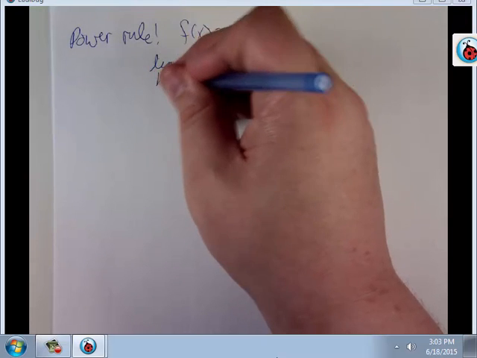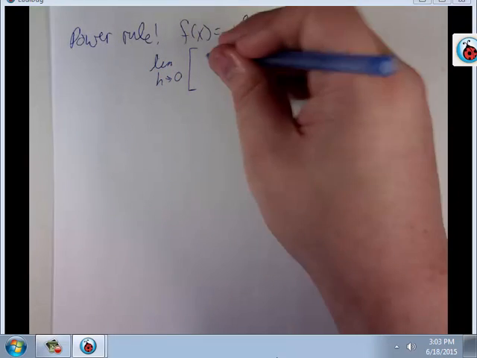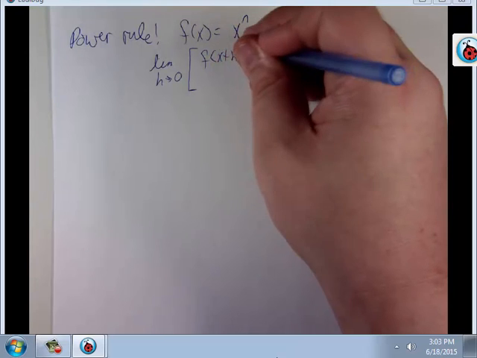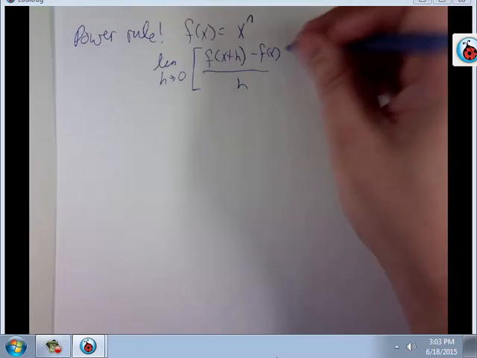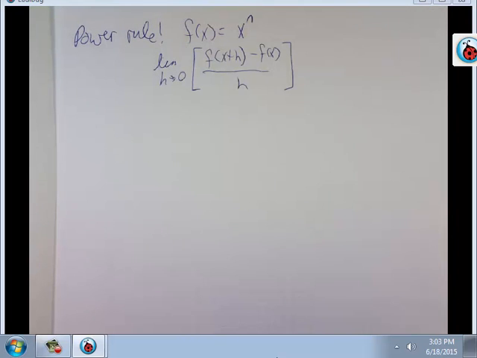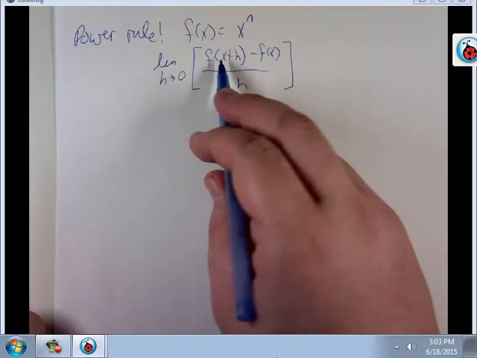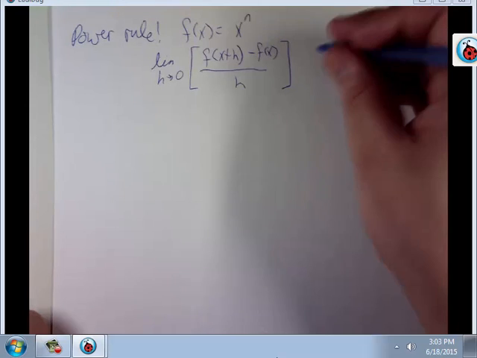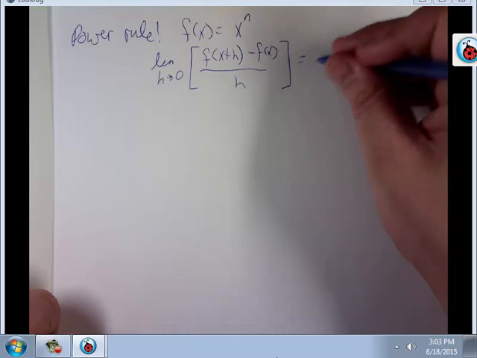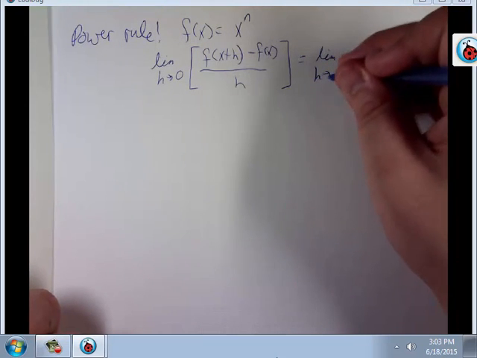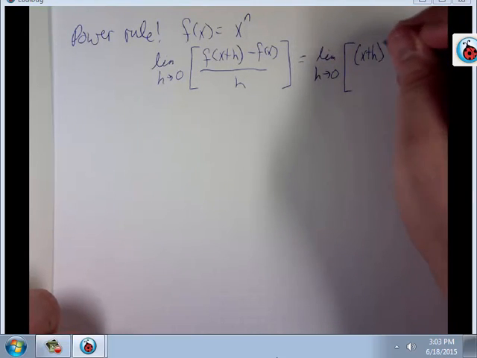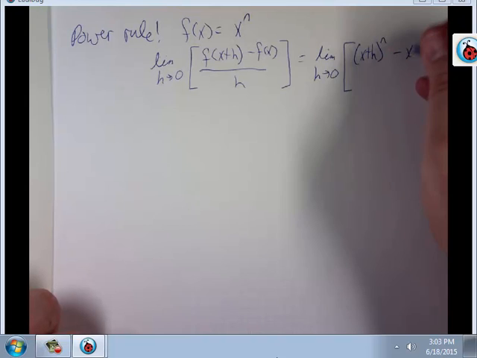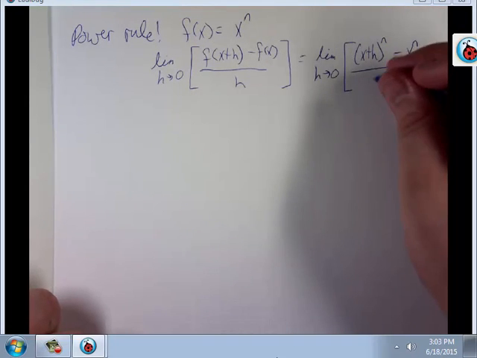Limit as h goes to 0 of f of x plus h minus f of x all over h. So this would be x plus h to the n power minus x to the n all over h.